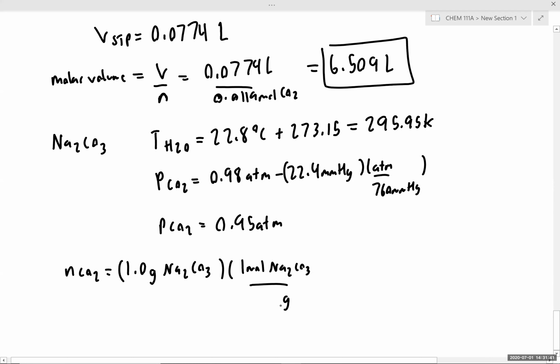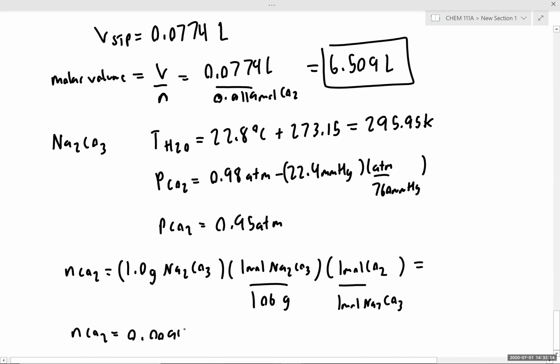The molar mass of sodium carbonate is 106 gram per mole. Let's punch that into our calculator. We have 1.0 over 106, which gives us, considering that we get 1 mole of carbon dioxide per every 1 mole of sodium carbonate, that in turn gives us for our moles of carbon dioxide 0.0094 moles of carbon dioxide.